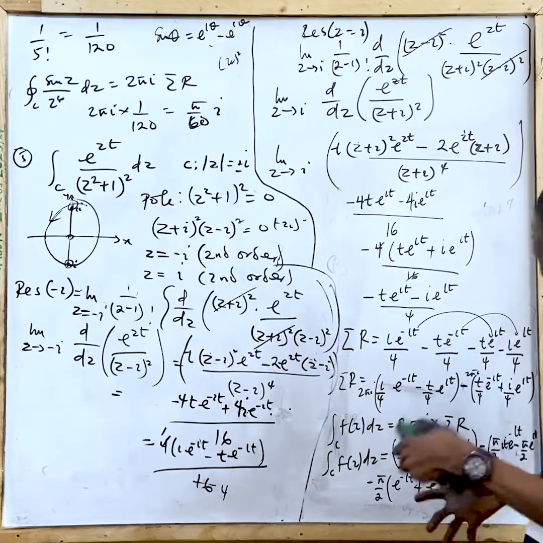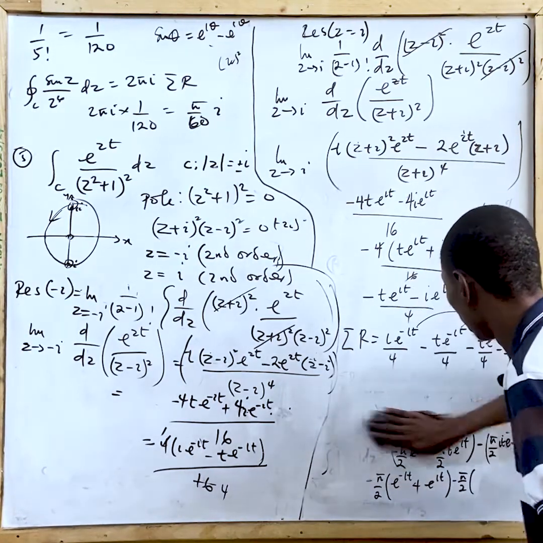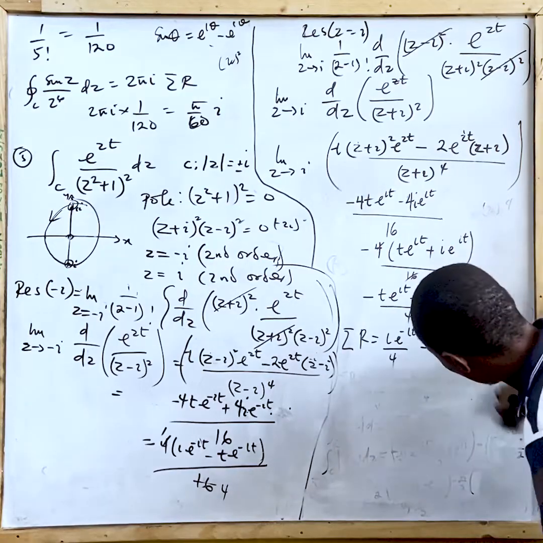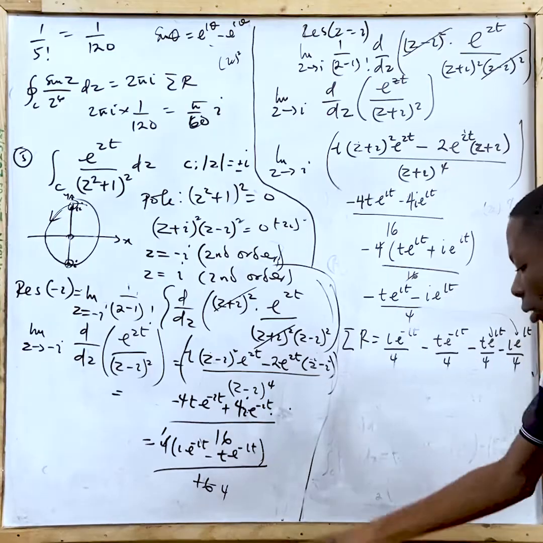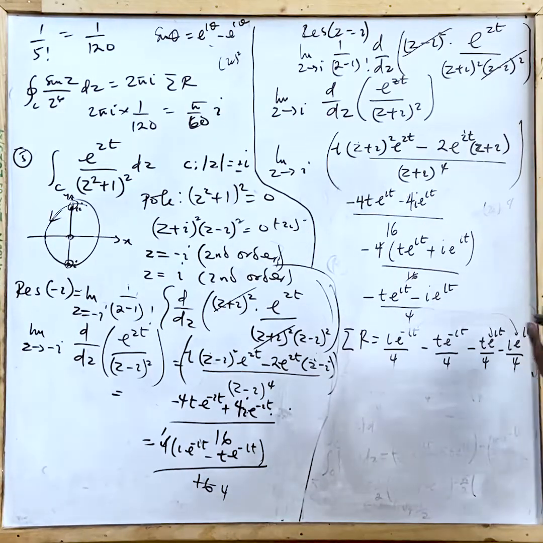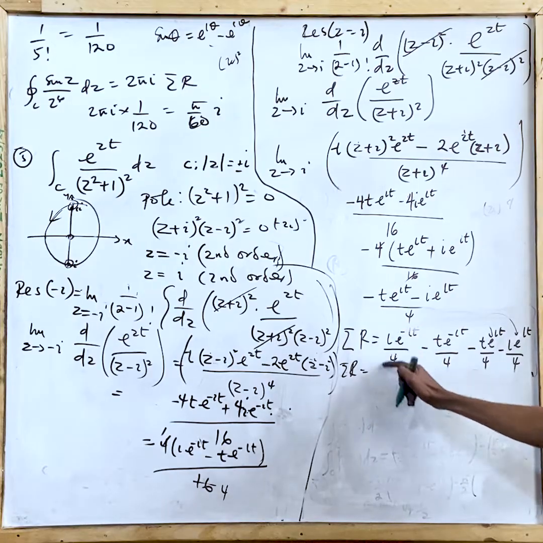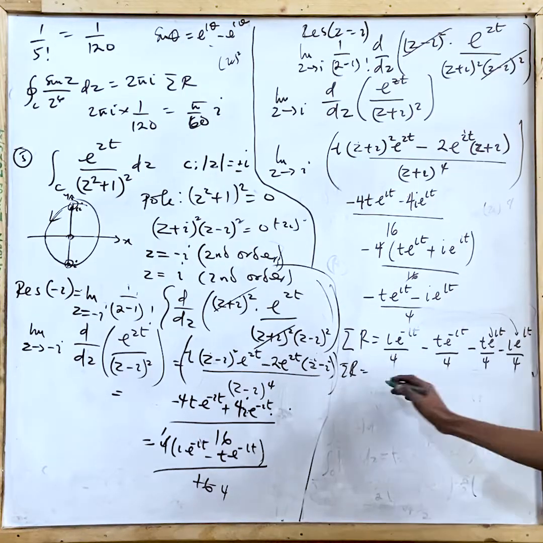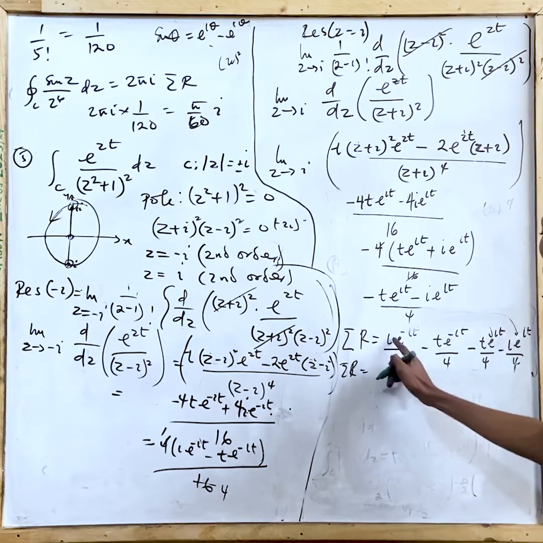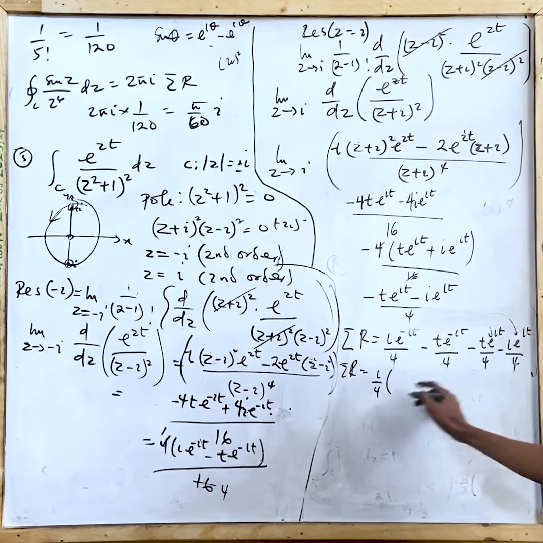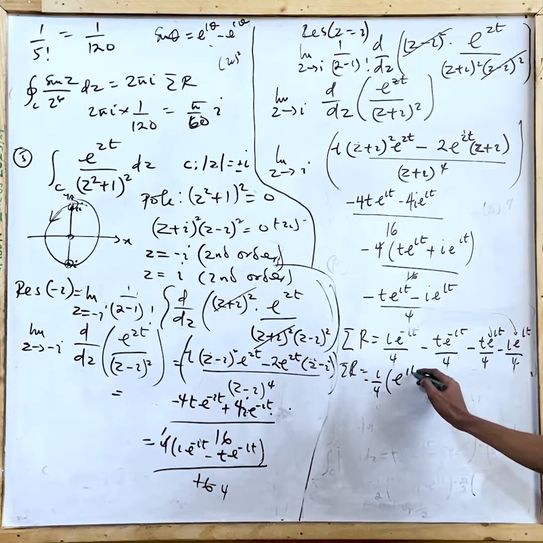Sorry viewers. So from here, to reduce the confusion, because it will be somehow confusing, separate the one with t and the one with I. If I separate them, the sum of the residue, this one has I, this one also has I. So if I factorize I over 4, this will be I over 4 minus e raised power it.